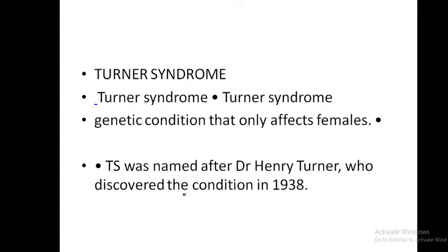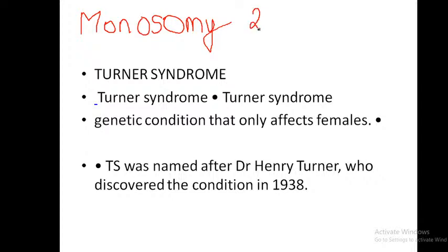In monosomy, an individual has 1 chromosome less, the 2n minus 1 condition. Soma means cell, bodies. Monosomy: an individual having 1 chromosome less, that is 2n minus 1.